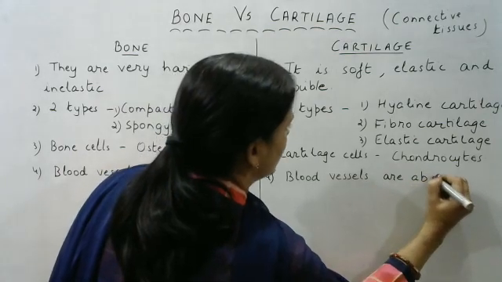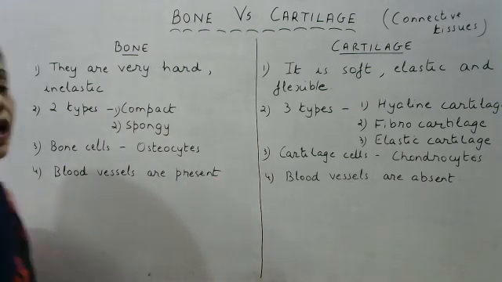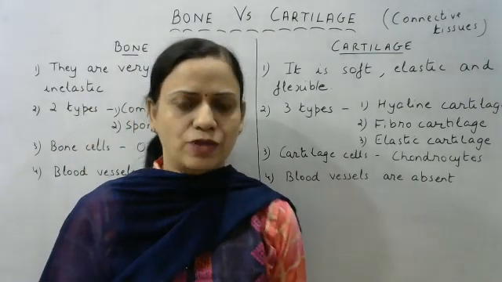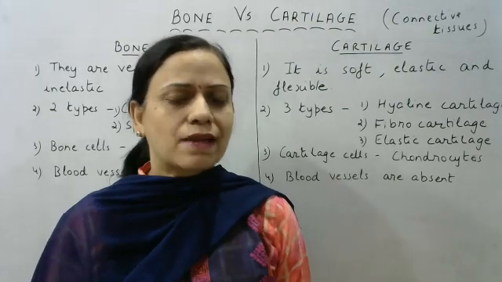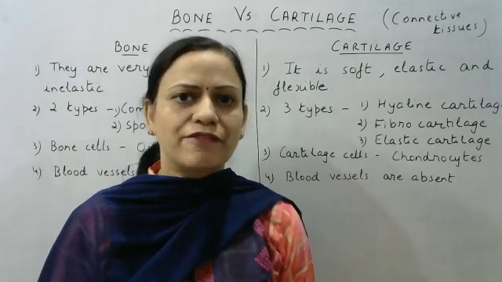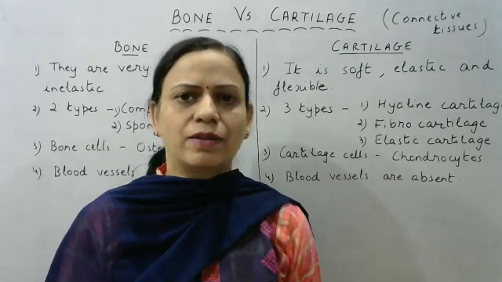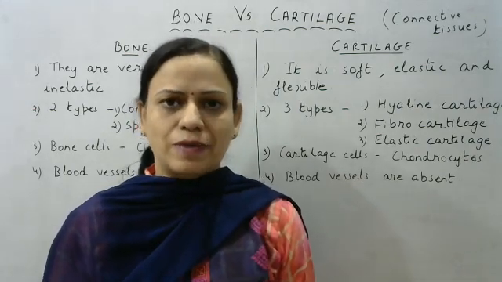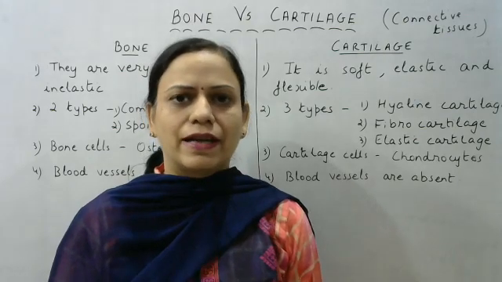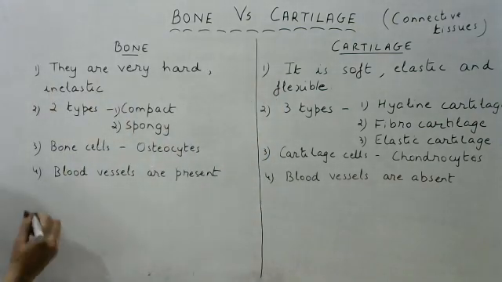So for cartilage, we are going to write that the blood vessels are absent, and this is the reason why the growth of cartilage is slower as compared to the growth of a bone. The bones, they grow fast, they grow quickly, as compared to a cartilage where the growth is very slow. The reason behind this is that the cartilage does not have a blood supply in it. Since the blood vessels are absent, obviously the blood itself will also be absent, because blood flows in blood vessels, and in the absence of blood vessels there will be no blood flowing through the cartilage. So this is the fourth point of difference.